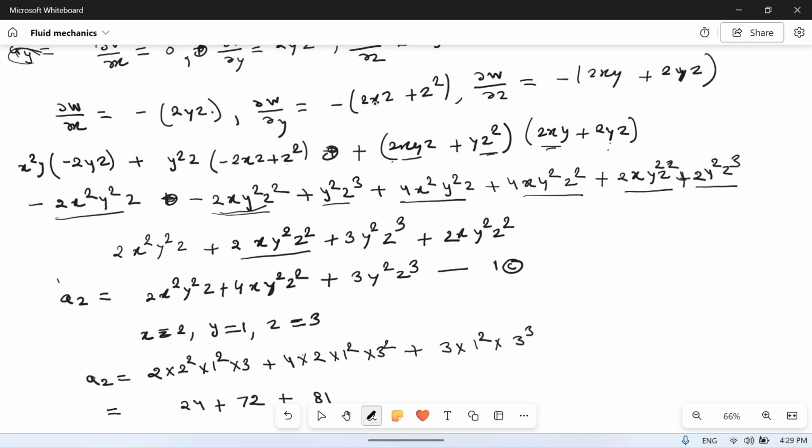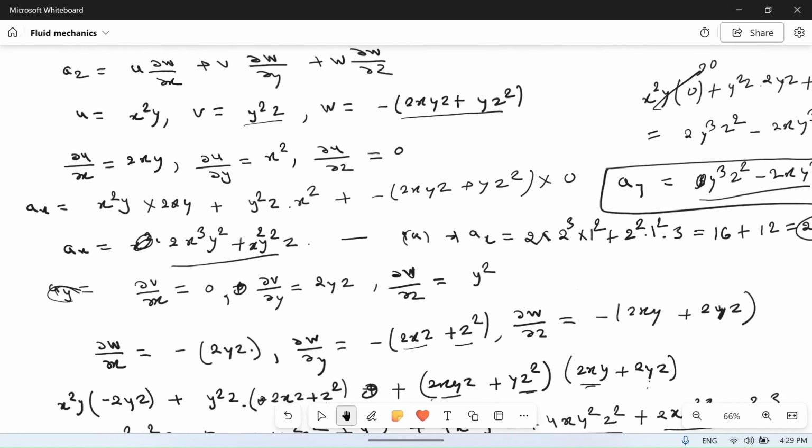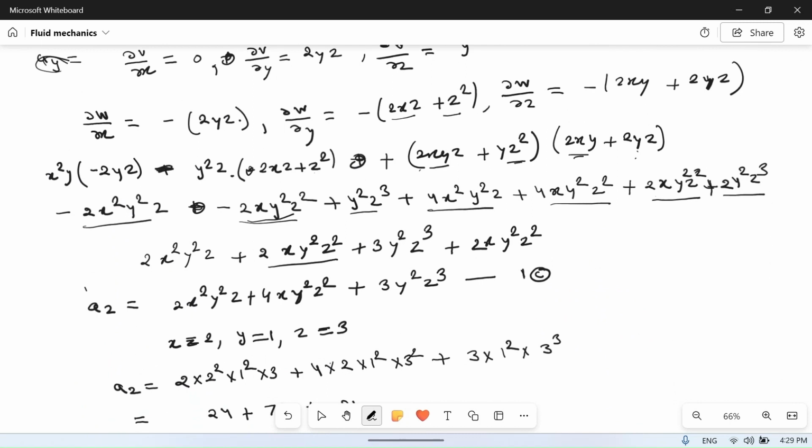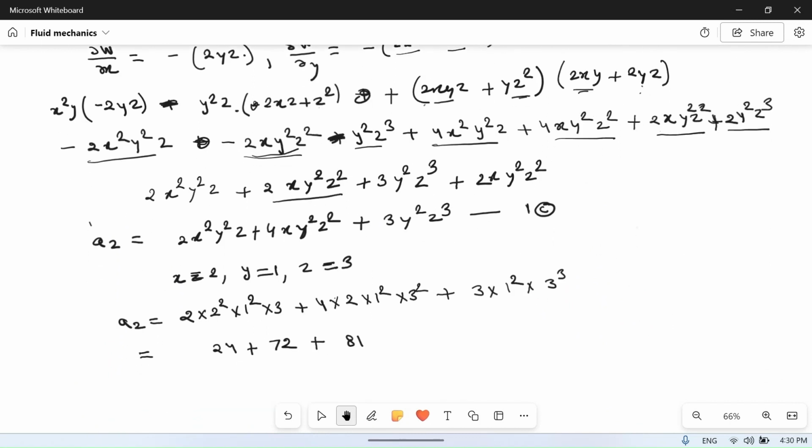So del w upon del y was 2xz plus z² and minus was there, so y into this was here. This was minus, so this was also minus y²z³.